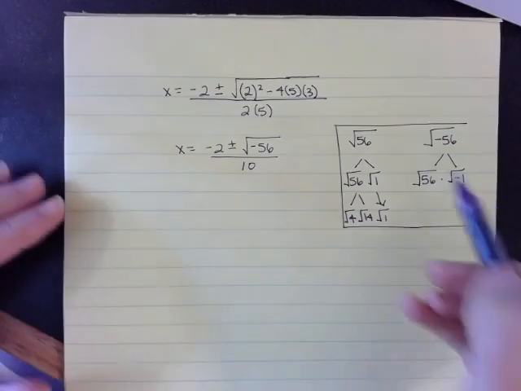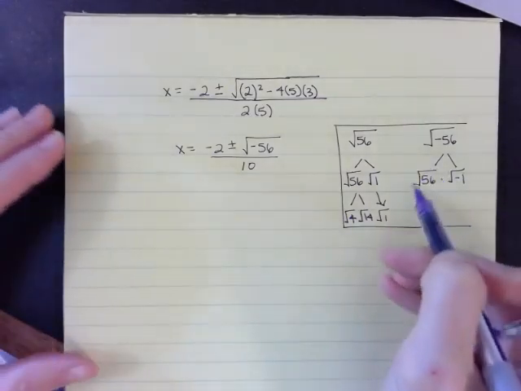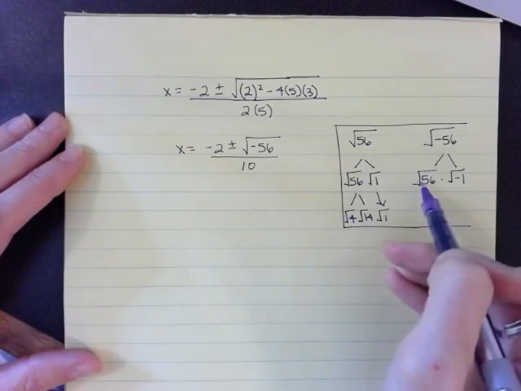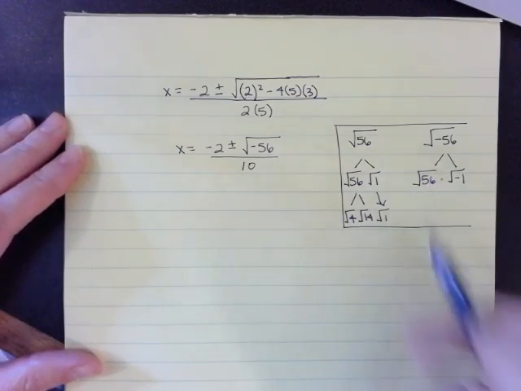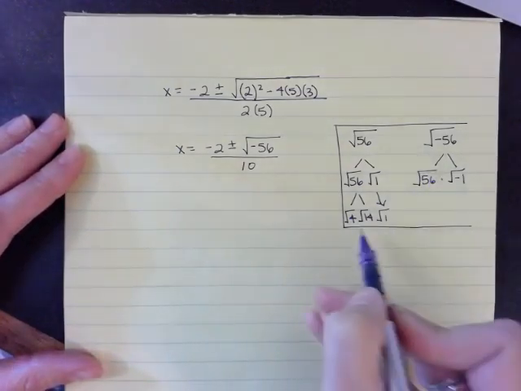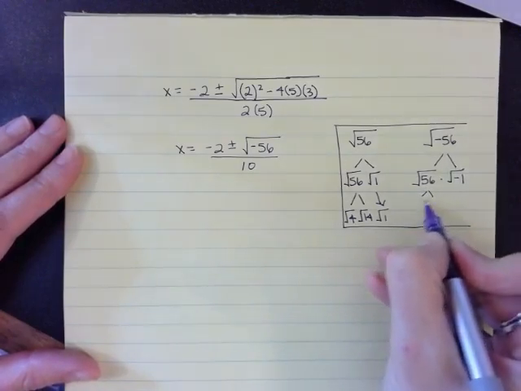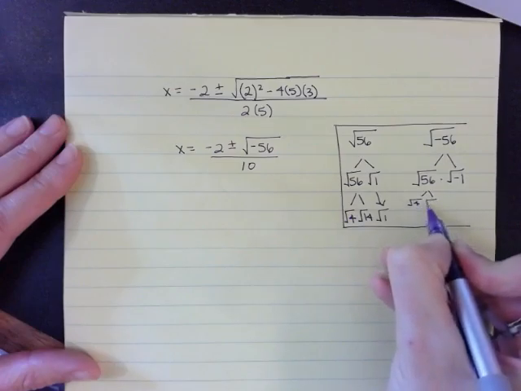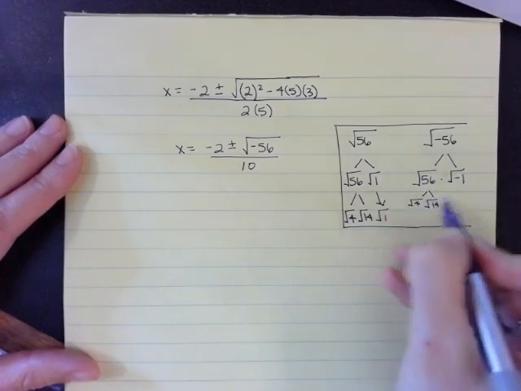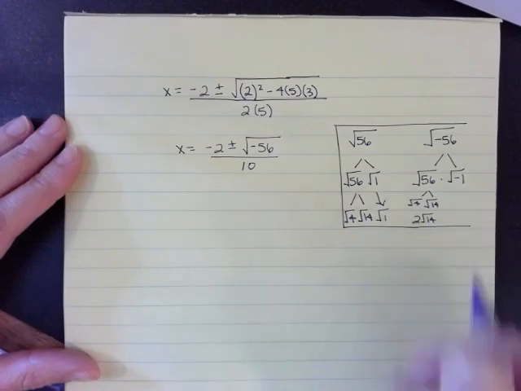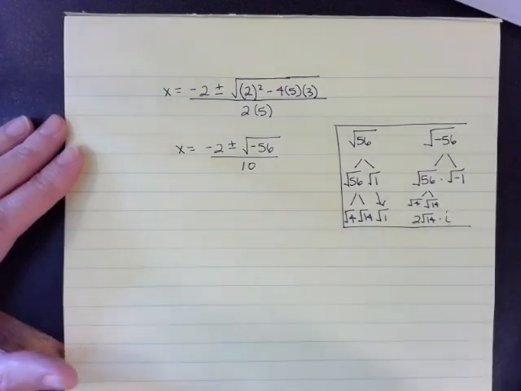So now I'm going to use this as it is a positive now. How can I simplify the square root of 56? Well, I can do it like I did here. I'm going to break it up into the square root of 4 times the square root of 14. So I can simplify this to 2 root 14 times i.